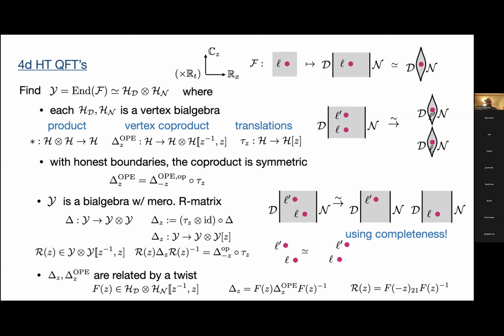That leads to a Drinfeld twist, or a meromorphic version of a Drinfeld twist, that should conjugate the first coproduct to the second. That in particular implies that the R matrix that appeared for the topological coproduct is factored into the Drinfeld twist and its conjugate.